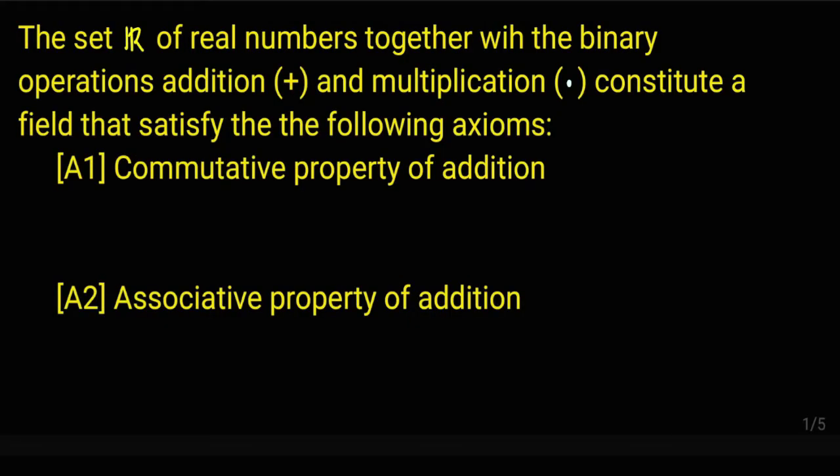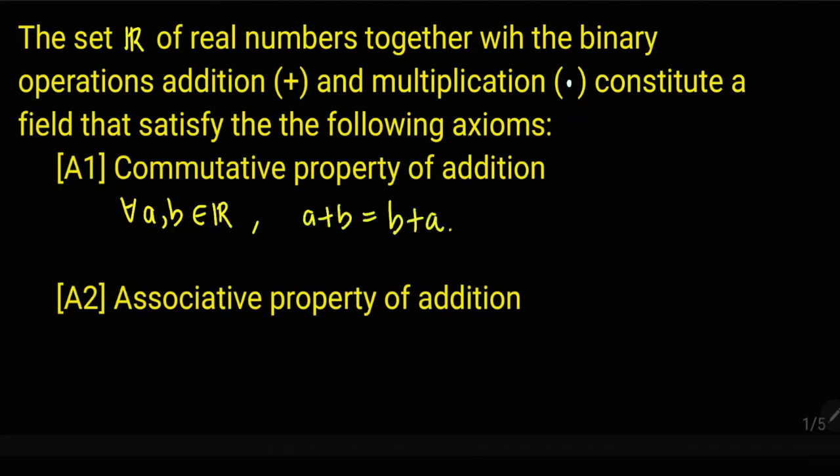Now, the set of real numbers under these two binary operations constitutes what we call a field, and this field satisfies the following axioms. Commutative property of addition, which we will call A1. For any real numbers a and b, we have a plus b is equal to b plus a.